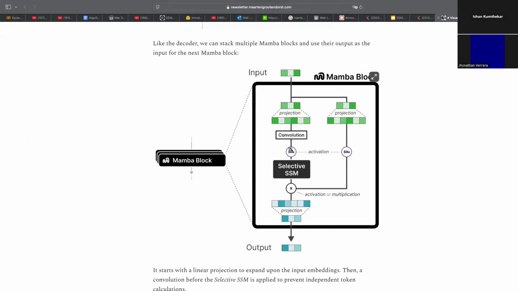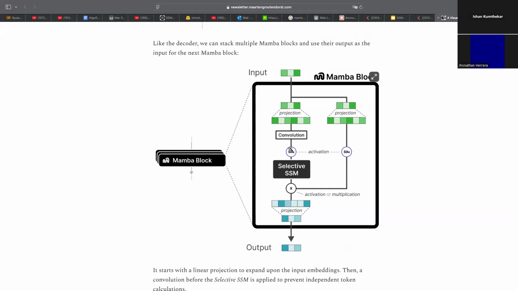So you have the input, like "my name is," and once it projects, I assume you kind of just separate it and add that filter on, okay? To select, you put the filter on it, and you put an activation function, as I mentioned previously. I'm not too sure how in depth this works in the Mamba block, but these two will pretty much filter out what's important and not in the input and do the SSM equation.